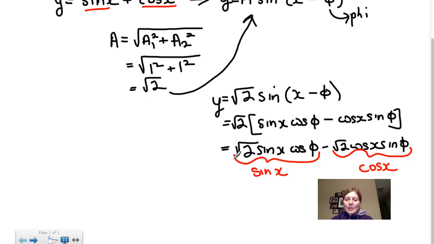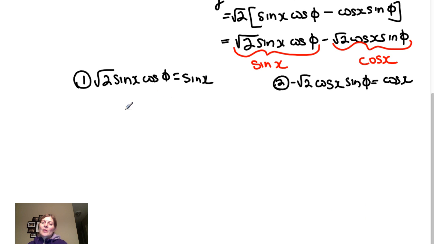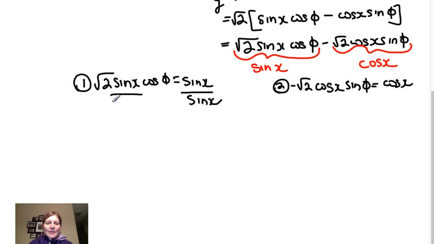Okay, so at this point now, I'm going to have two different equations. Equation 1 is root 2 sine x cos phi equals sine x, and negative root 2 times cos x sine phi is equal to cos x. And if I divide both sides by sine x, that's going to become 1, and so is this.